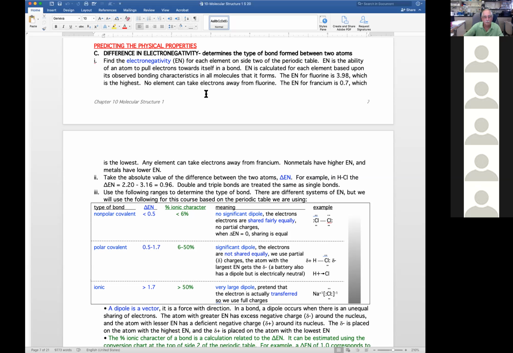We wanted to get a little bit more quantitative. So what we do is we take the absolute value of the difference between the two atoms. We call that the difference in electronegativity. So for example, for hydrogen chloride, hydrogen is 2.2, chlorine is 3.16, and you should find this on side 2 of your periodic table.